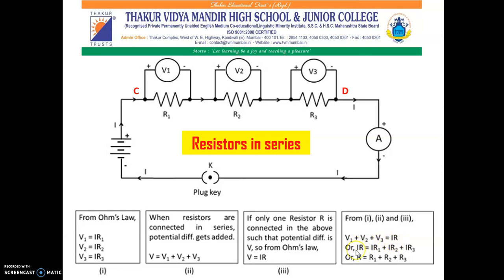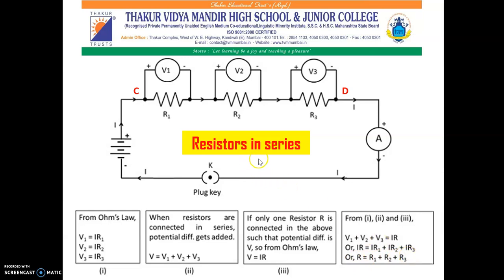And IR for different resistors is also different. That is, total IR will be IR1 plus IR2 plus IR3. Taking I common, you can cancel it on both sides. So finally, we get R is equal to R1 plus R2 plus R3.